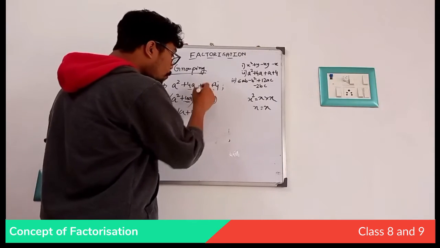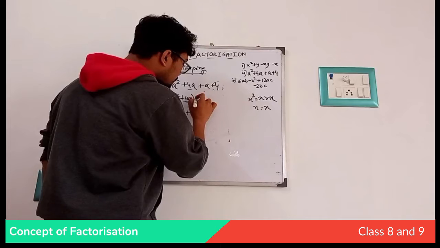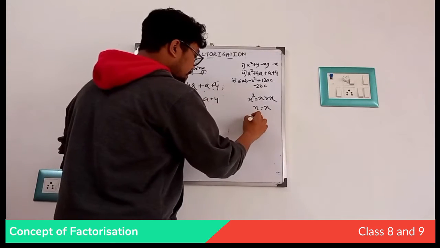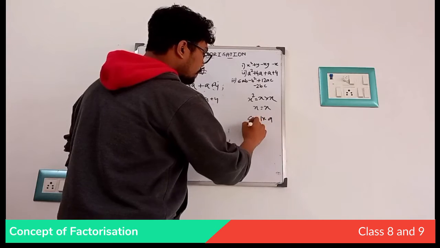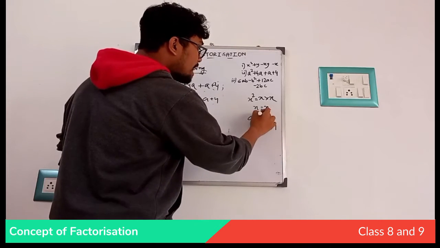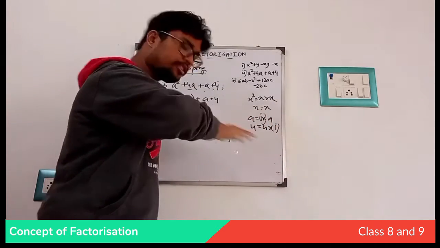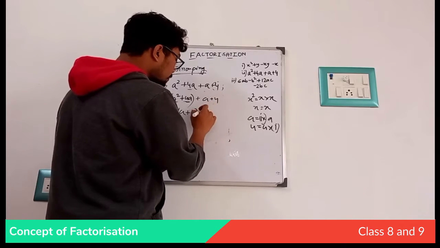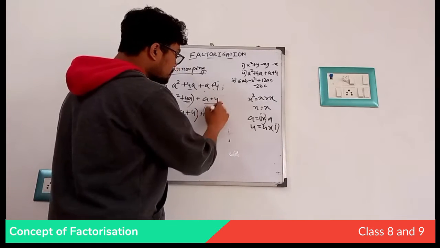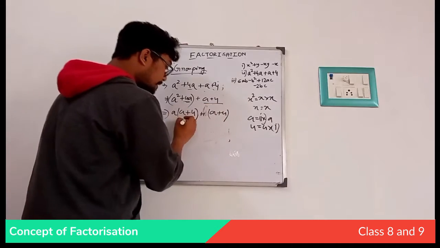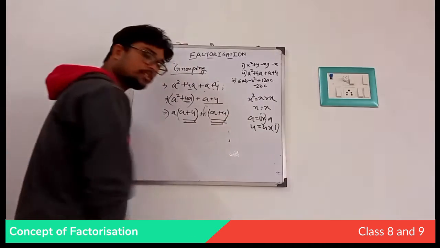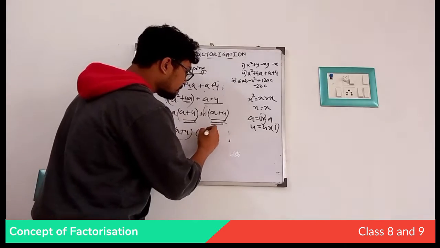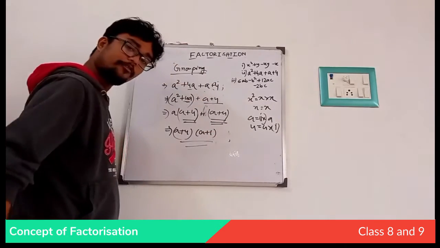And if I take 1, any number can be written as 1 into a, 4 can be written as 4 into 1. So 1 is the common part. If I take common 1, what will we get? A plus 4. So again here a plus 4 is a common part. Our result is the same, that is a plus 4 into a plus 1, but the grouping is different.